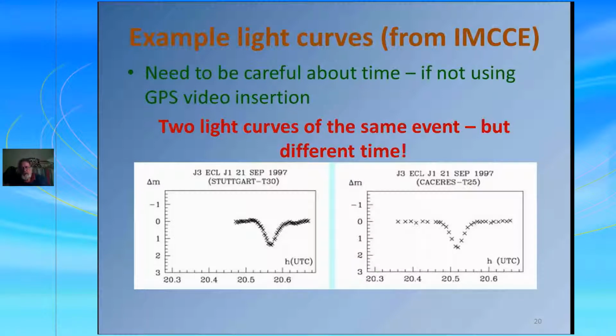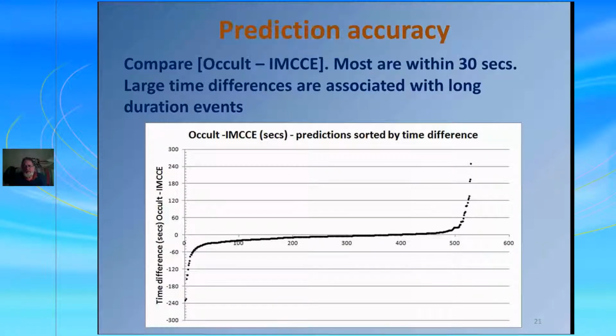Prediction accuracy. Occult currently uses a theory by Lieske. It's for Jupiter satellites. IMCCE has developed a new theory which they use for their predictions. I'm currently trying to implement their theory. It ought to be simple, but I'm not replicating the positions accurately enough yet.